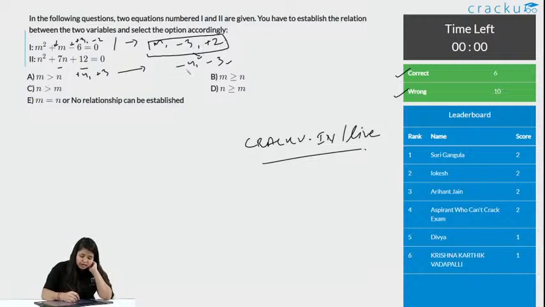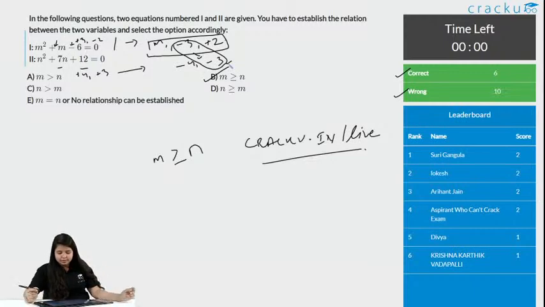Similarly, plus 2 is greater than minus 4 and plus 2 is greater than minus 3. So, m is greater than or equal to n, as we have one equal number. The correct answer is option B. Chalo, let us go to the next question.